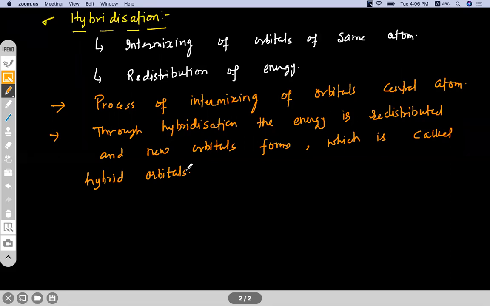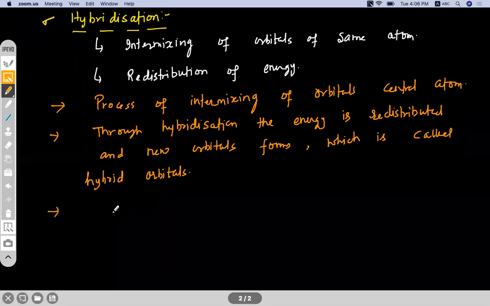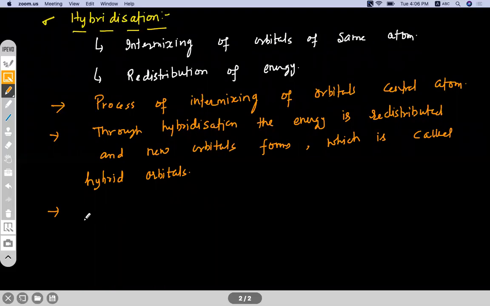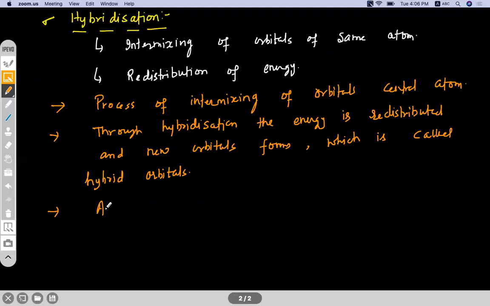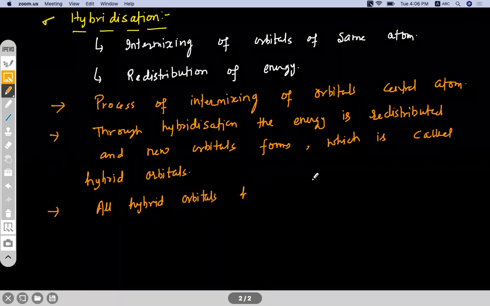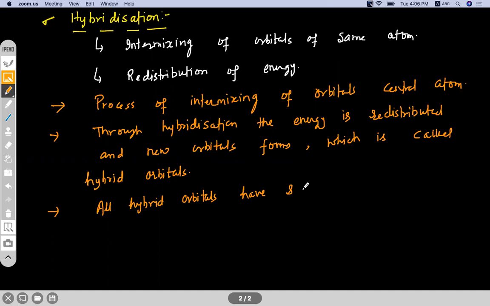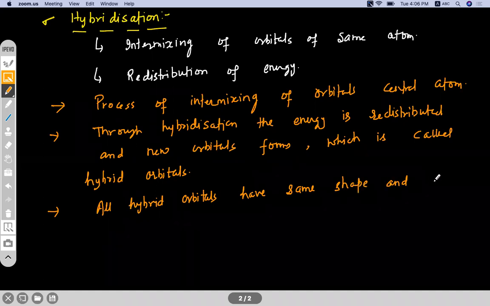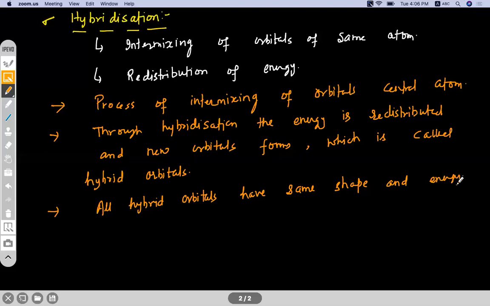All hybrid orbitals have the same or similar shape and energy. All hybrid orbitals must have the same energy.